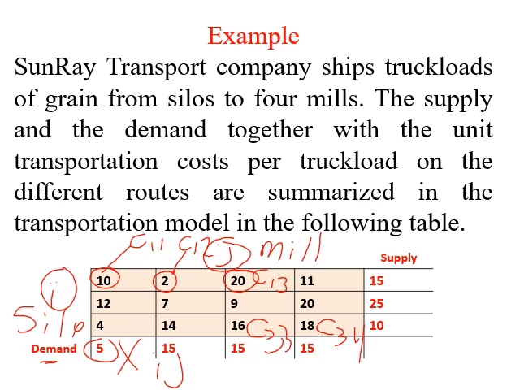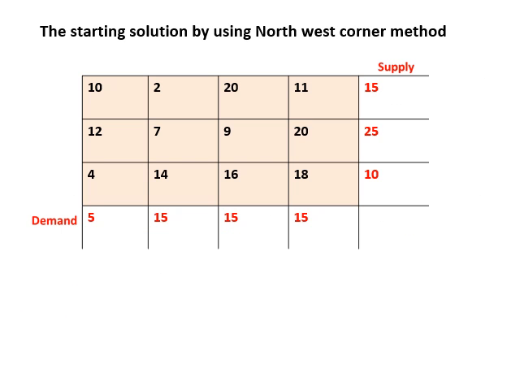So, beginning to answer this example and use the northwest corner method to get the starting solution, we already typed the cost for transporting from source I to destination J and put the demand and supply for quantity in this form.